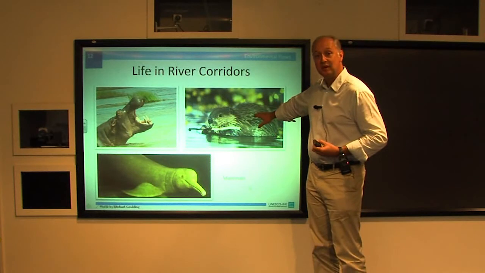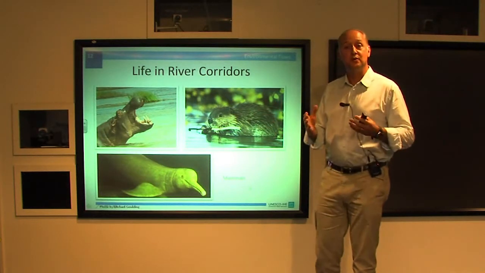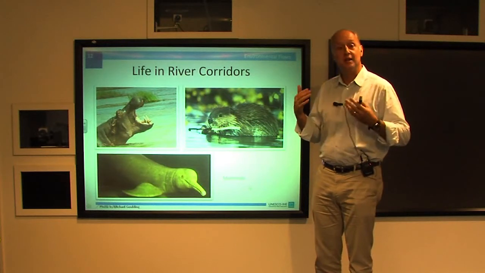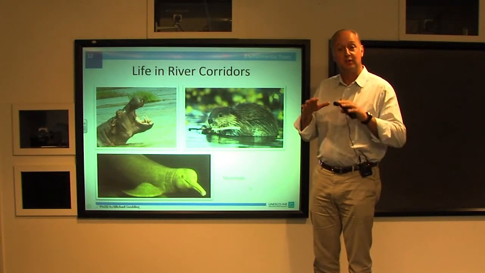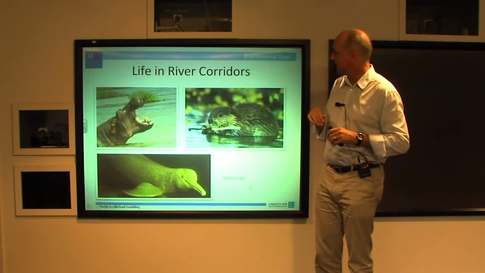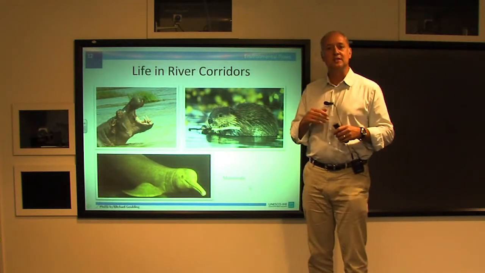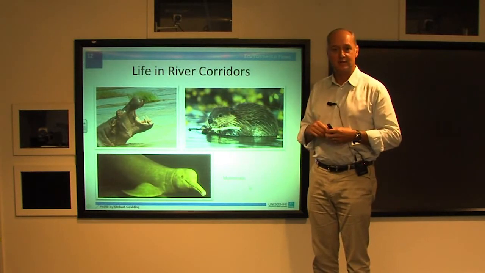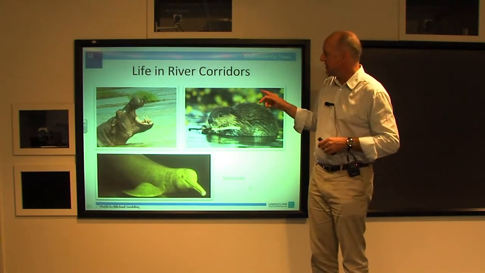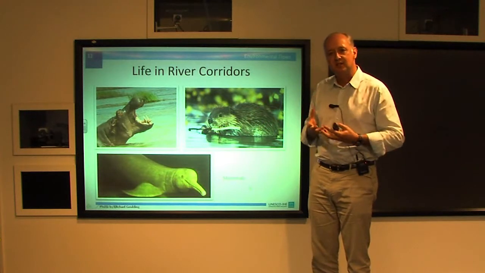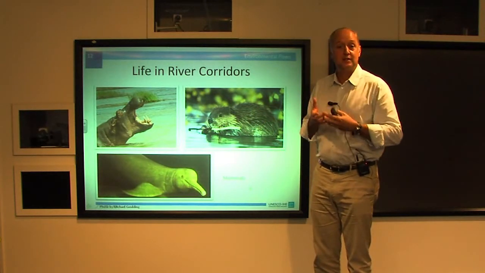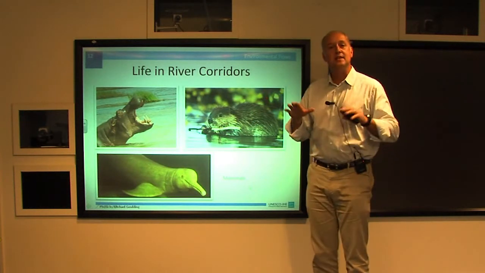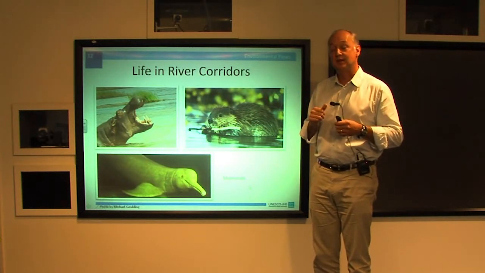You may be familiar with the habit of beaver to fell trees, to cut down trees at the margin of rivers, and to build dams that actually create ponds behind them. The hippopotamus also is entering and leaving the water regularly to feed on grasses and adjacent areas, and that process of entering and leaving cuts large gullies in the edges of rivers, riparian zones, and they also maintain pools in the rivers themselves.